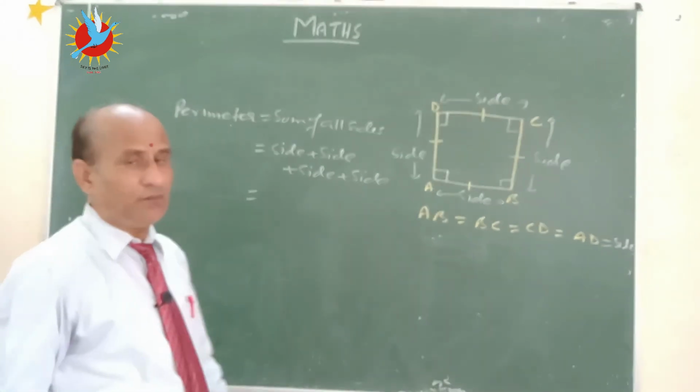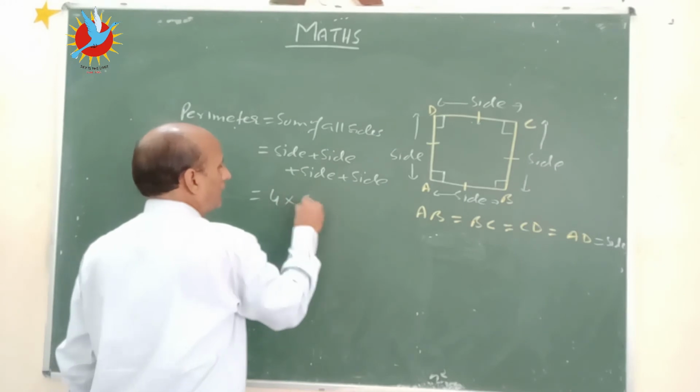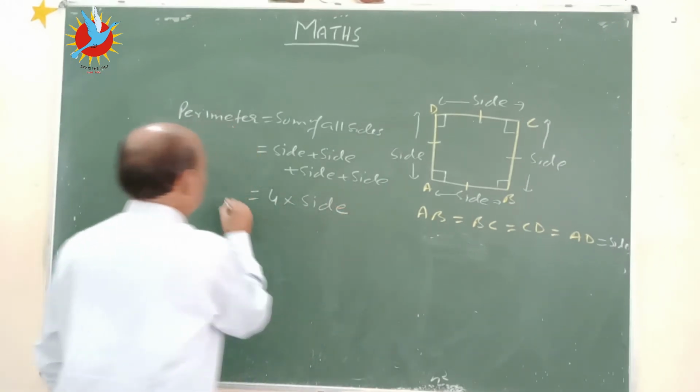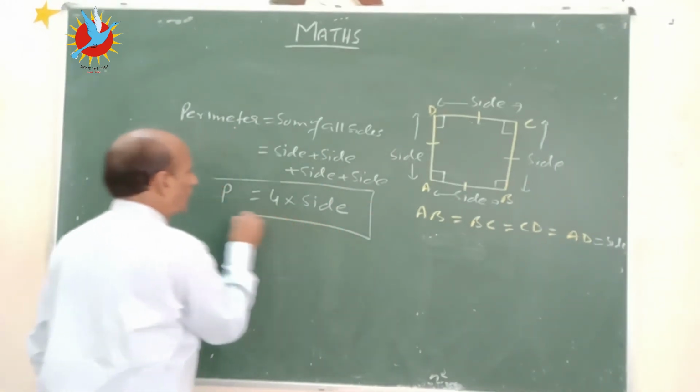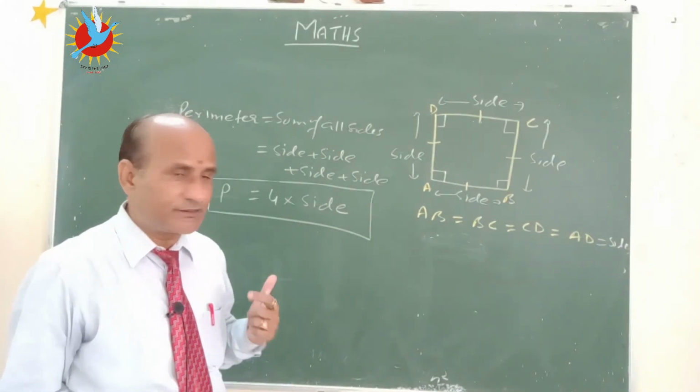How many sides do you have? You have four sides. 1, 2, 3, 4. 4 into side. So perimeter is equal to 4 into side. Perimeter of a square is equal to 4 into side.